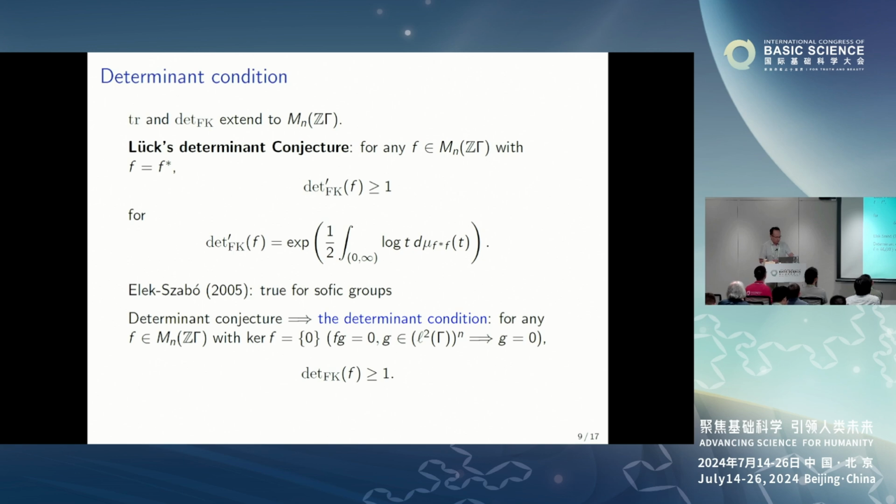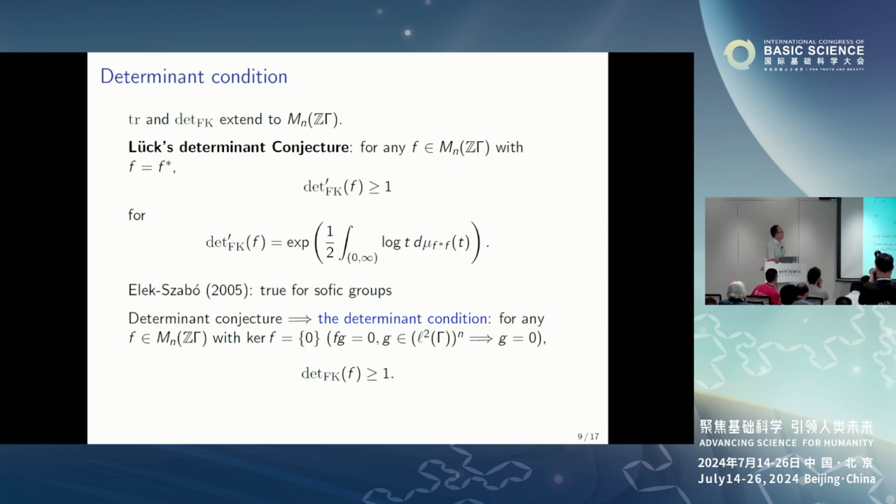Now we want to move to the torsion. For this, we need to introduce one condition, the so-called Lück determinant condition, which is implied by the determinant conjecture. First of all, everything we said about the trace and determinant extends to matrices over the group ring.